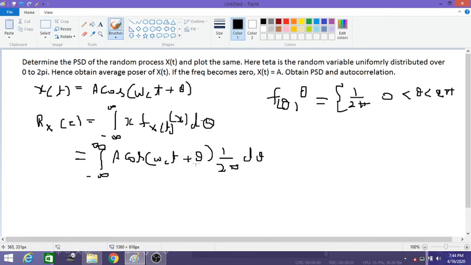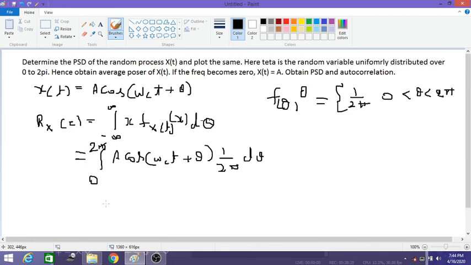Now we'll apply the cos a plus b formula, that is cos a into cos b plus sin a into sin b. Then when we integrate the cos terms and sin terms and substitute the limits, the limits are not minus infinity to plus infinity, the limits are from 0 to 2 pi.